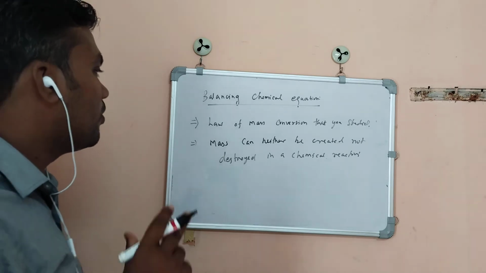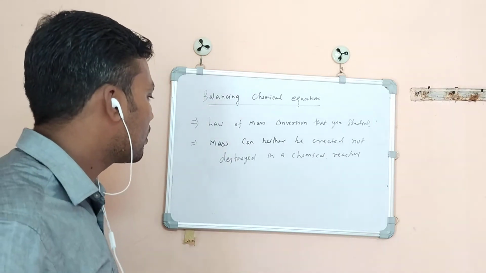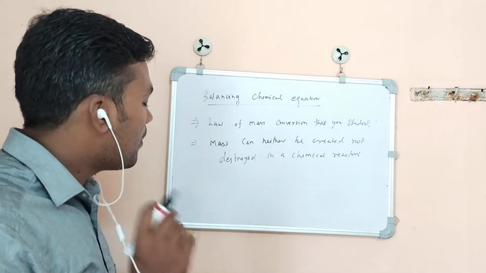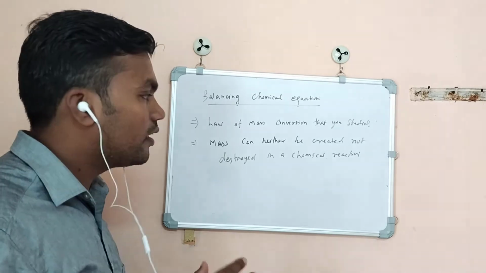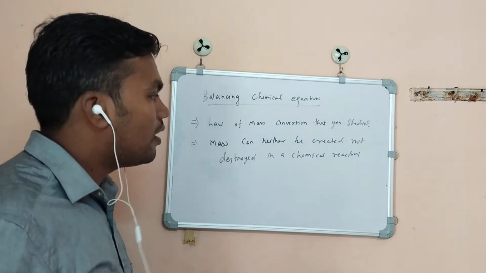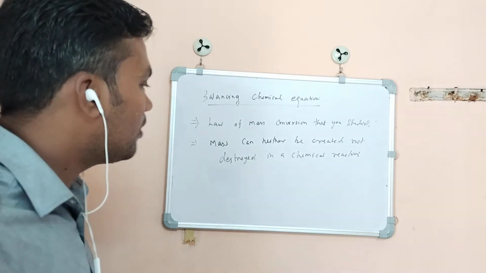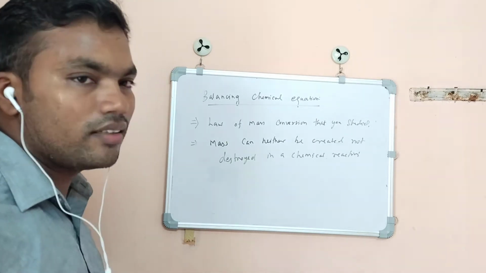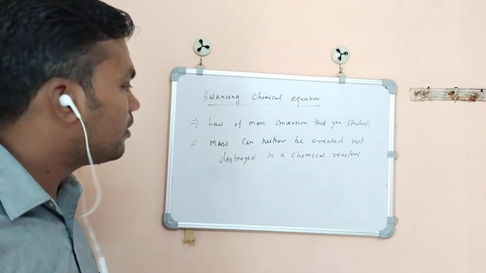Before going to see how to balance the chemical reaction, you need to remember the law of conservation of mass that you have studied in your class. Second, mass can neither be created nor destroyed: you can't create or destroy the mass of atoms or compounds involved in the chemical reaction.